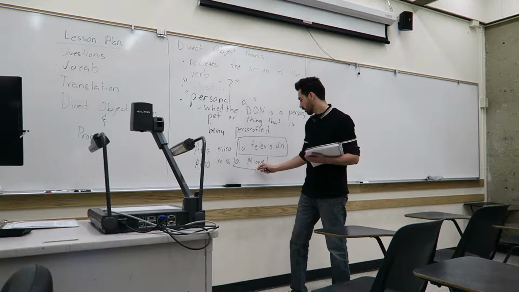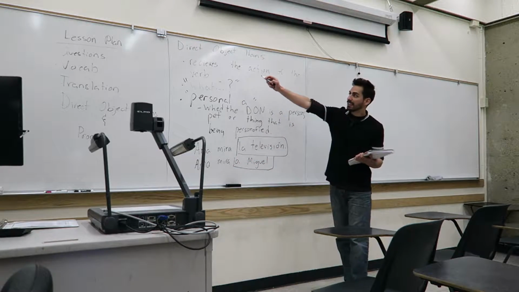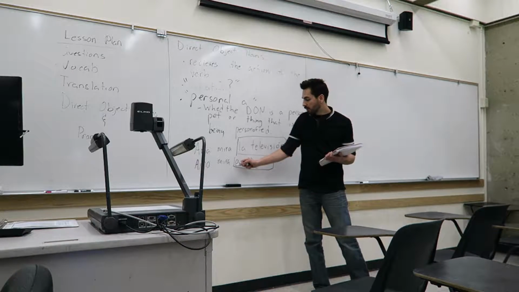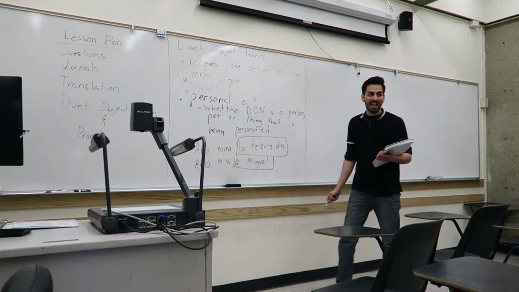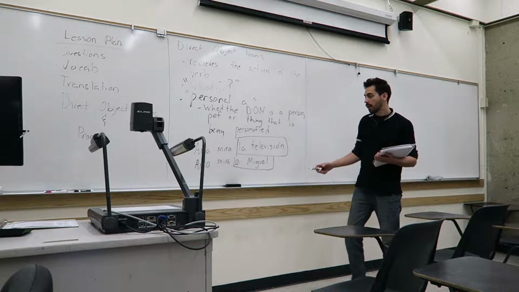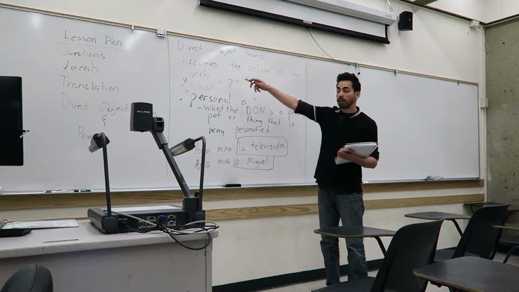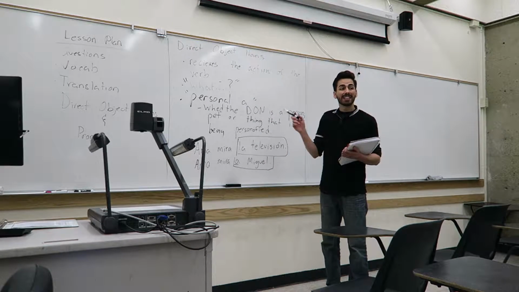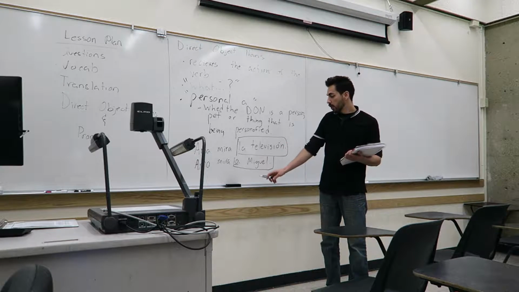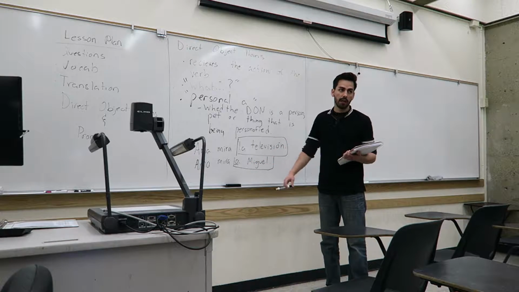All right, so this is the direct object noun. All right, and if you see right here, we have that A. That's the personal A. All right. Okay. So whenever that direct object noun is a person, a pet, or a thing that you're personifying, you add the personal A, all right?